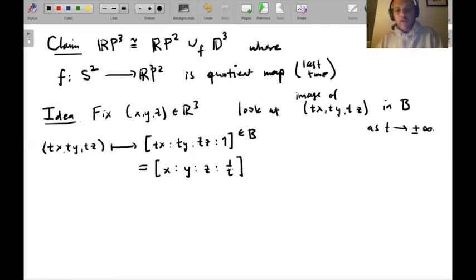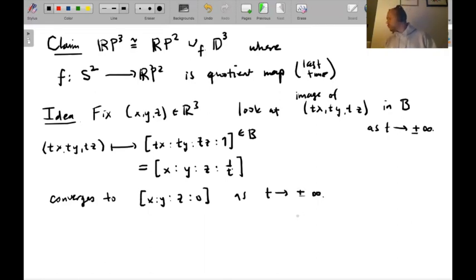And so this converges to x, y, z, 0 as t goes to either infinity or minus infinity. And so this is a point in A here, which is RP2.